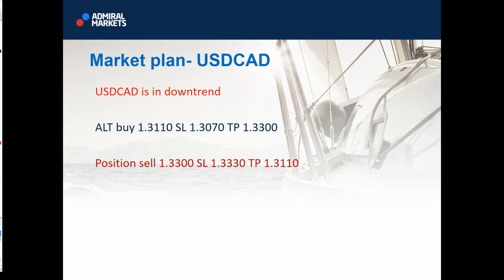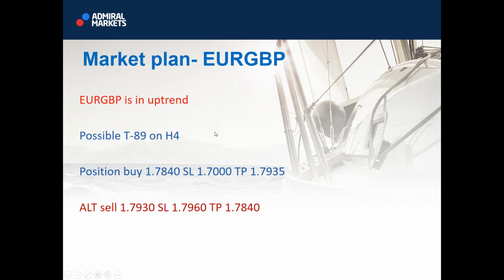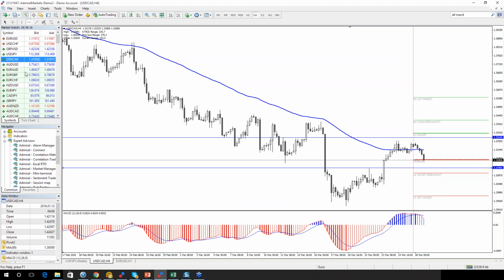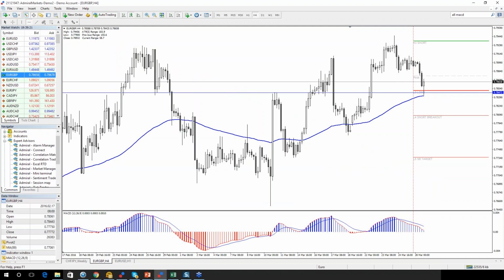Okay, what else, guys? Euro GBP. Well, look at possible T89 on 4 hour. I say possible because here, you will find it here. Euro GBP.